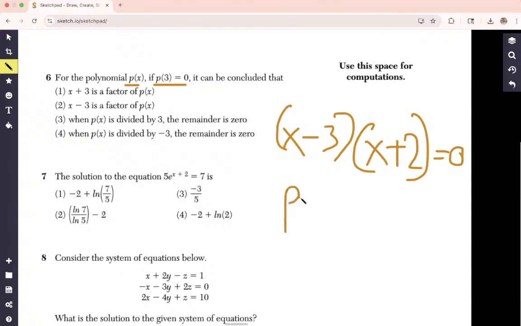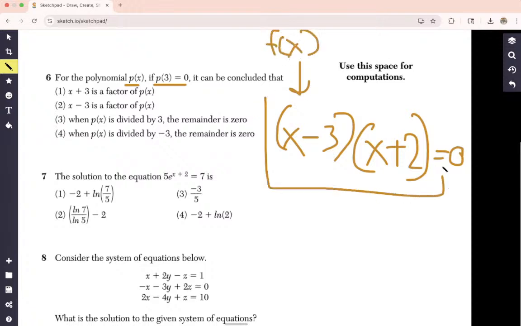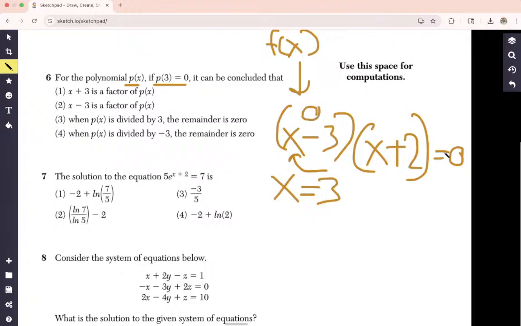Let's say this function is f of x. Notice when you plug in 3 for x, you get 3 minus 3, which is 0, and 0 times whatever this is 0.